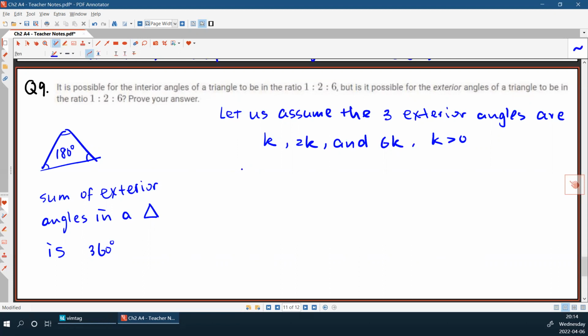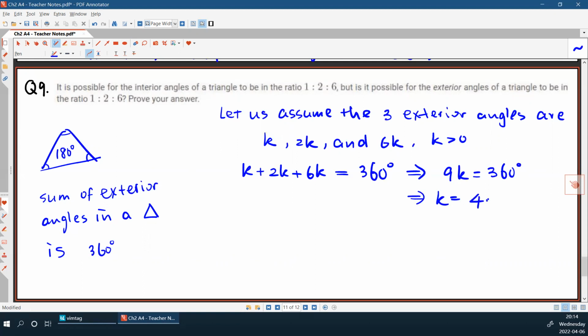Then we know that K plus 2K plus 6K, this is the sum of the 3 exterior angles, right? And we already know that the sum of the exterior angles in the triangle is 360 degrees. And that actually gives us 9K equals 360 degrees, right? Then we know K is 40 degrees.